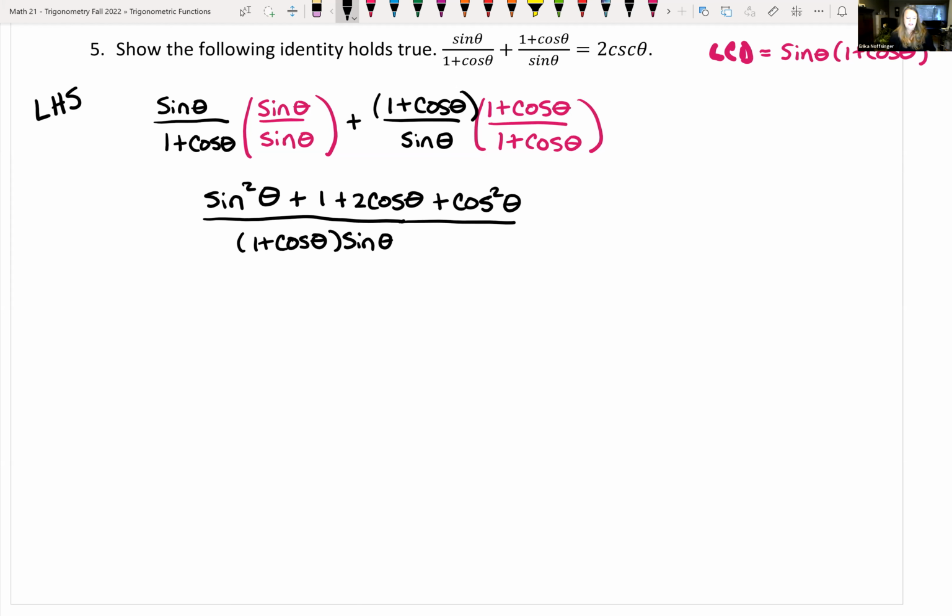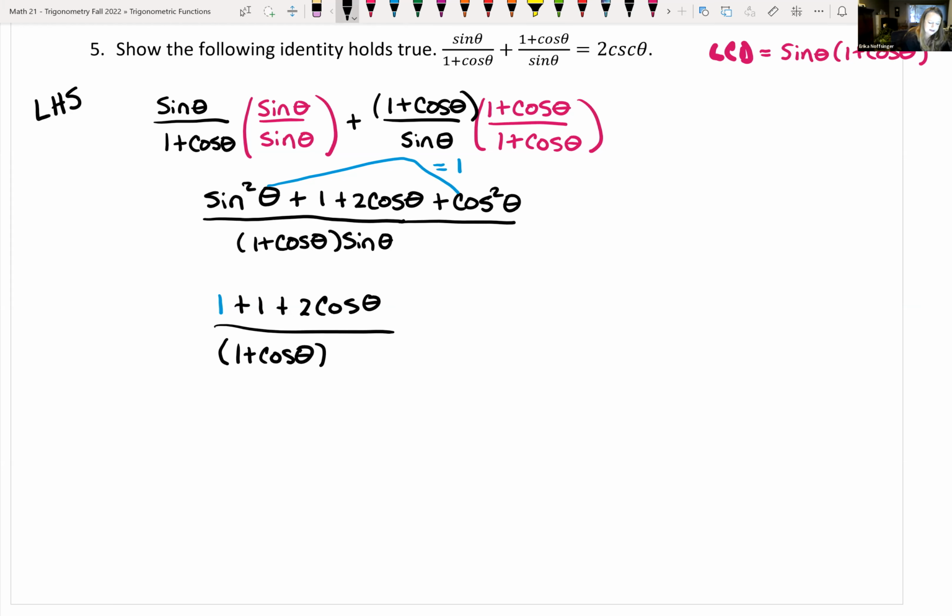When you're working with these, you're looking for identities that we know. Recall sine squared theta plus cosine squared theta is equal to 1. So if I group these two terms together, this is the same thing as 1. So let's put that there: 1 plus the other one that's left, plus the 2 cosine theta, all over my least common denominator, 1 plus cosine theta, that quantity times sine theta.